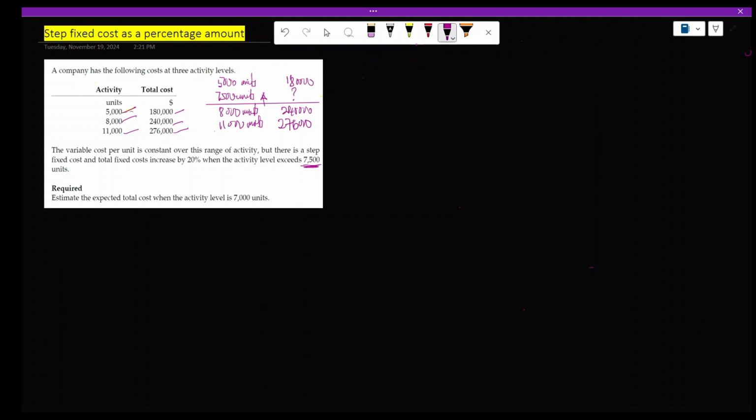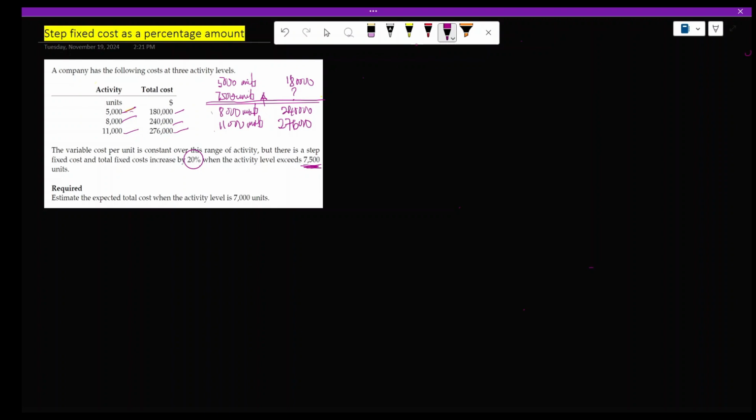Okay, so what we need to understand is that these levels will include the 20% fixed cost because they exceed 7,500. The question says that there's a step fixed cost and the total fixed cost increases by 20% when the activity level exceeds 7,500.